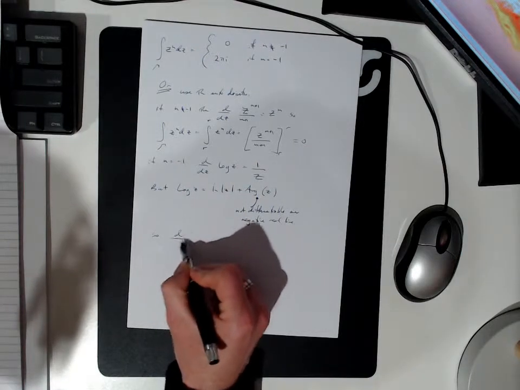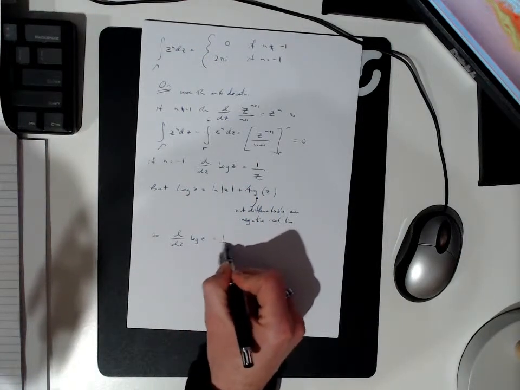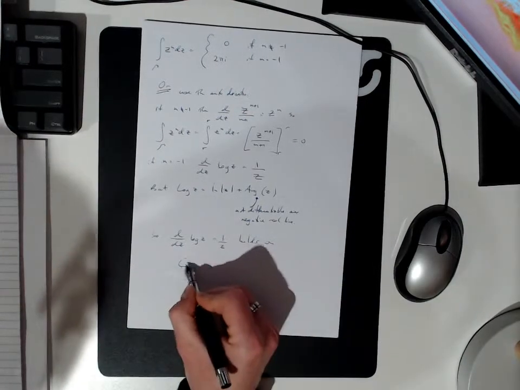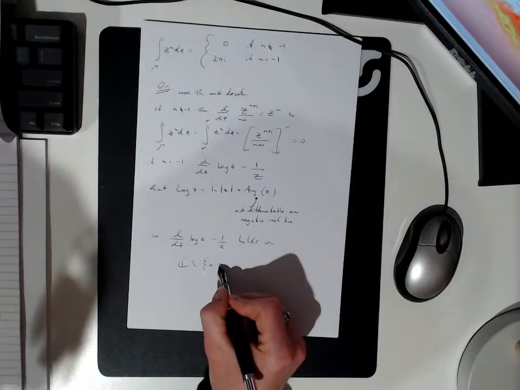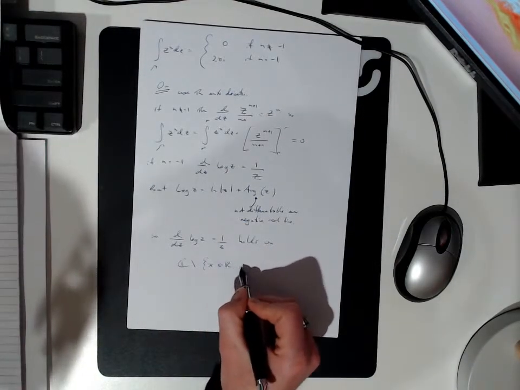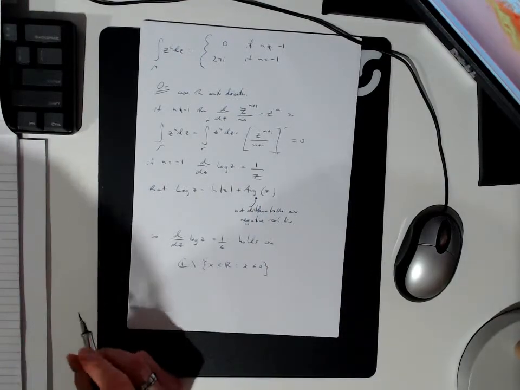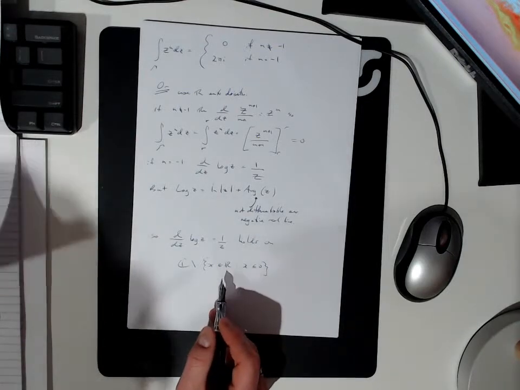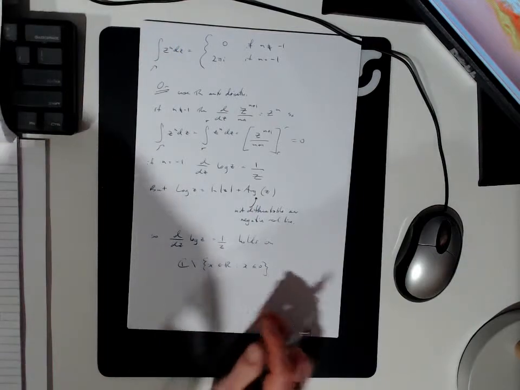So in particular, this means that d/dz log z holds on C minus the real numbers x less than or equal to 0. But our contour involves a negative number at some point, specifically t equals pi, so that gives us a problem.